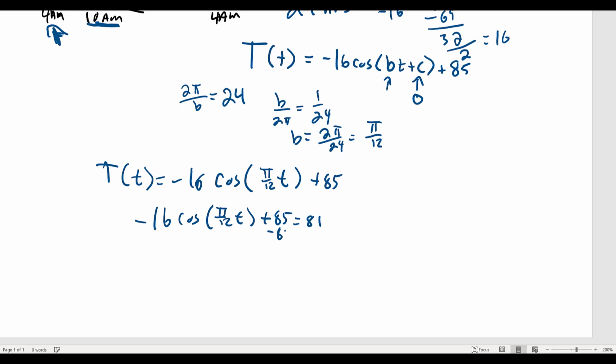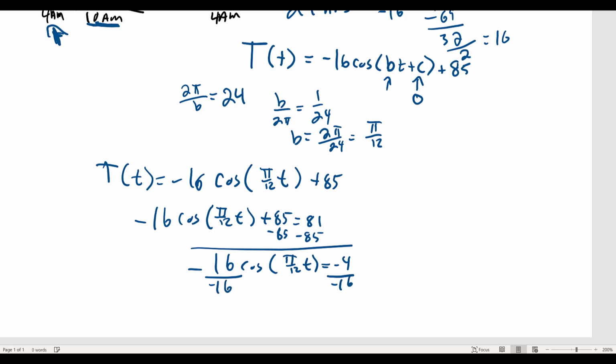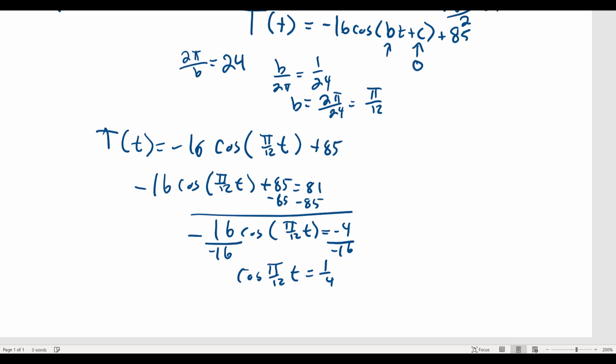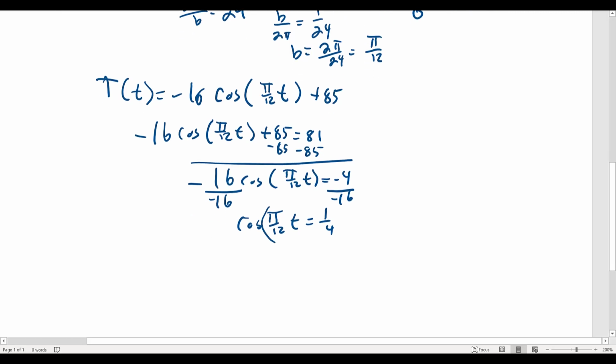So we're going to first subtract the 85. We have negative 16 cosine of pi over 12 times t equals negative 4. Then we can divide by negative 16. We have cosine of pi over 12 times t equals 1/4.